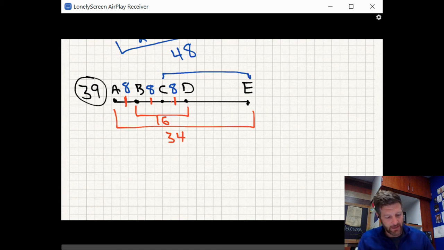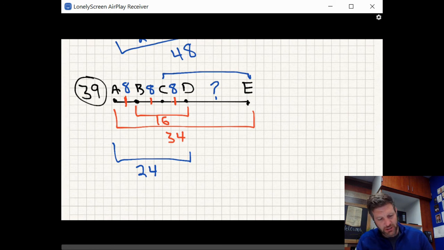Because now I've basically found A to D. So I can figure out what DE is, this distance right here. Because I can see that 8 plus 8 plus 8, or 3 times 8, is 24. So this piece right here, A to D, is 24.